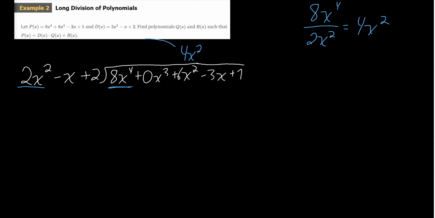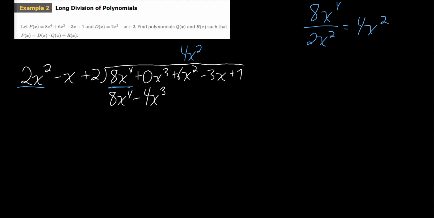And then I'm going to multiply through. By multiplying through, 4x squared times 2x squared is an 8x to the 4th. 4x squared times a negative x gives a minus 4x cubed. Hopefully you really see why putting in that filler really helps.